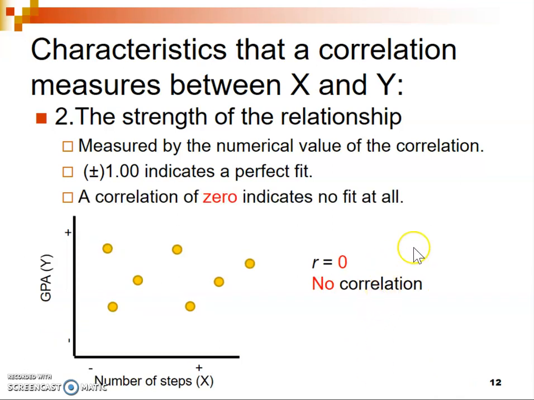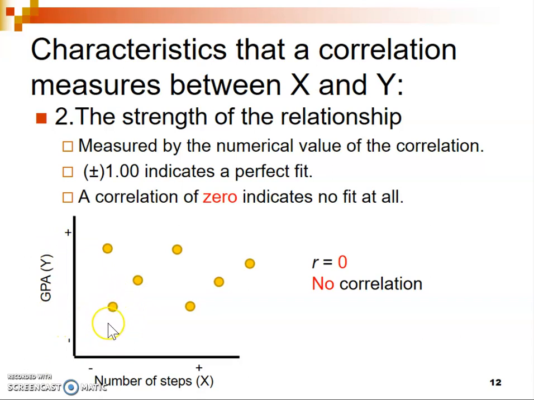Also, your correlation could be 0. If you have a correlation of 0, that means there is no correlation at all, meaning these two variables aren't related at all. For example, the number of steps you take in a day probably doesn't matter at all in determining what your GPA is.